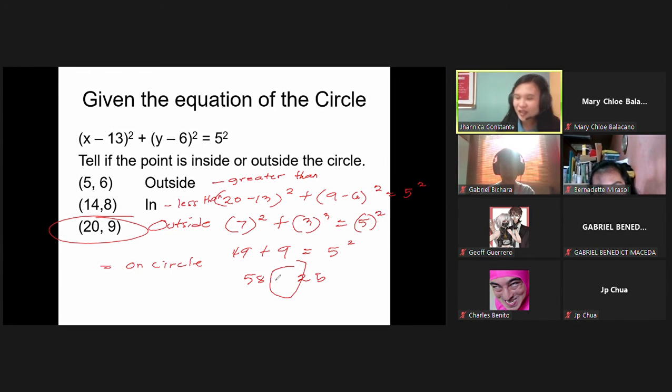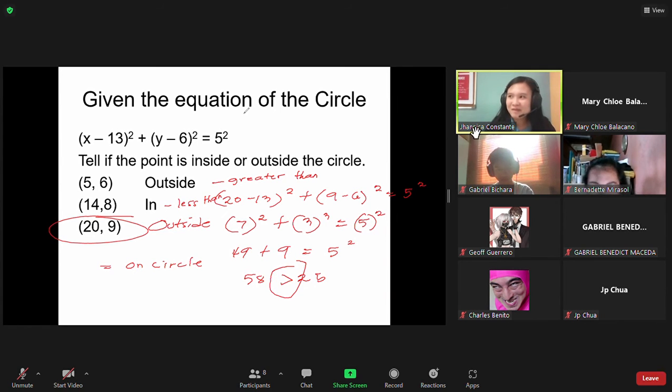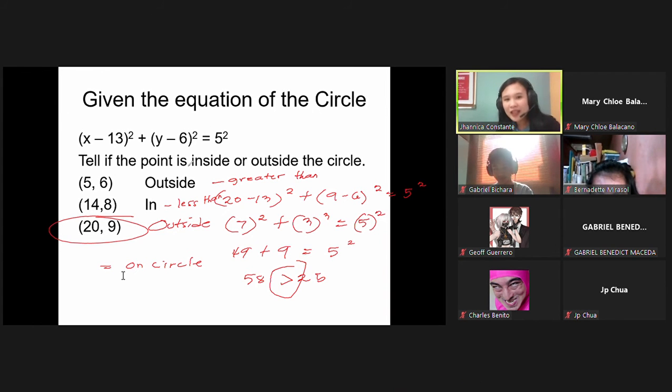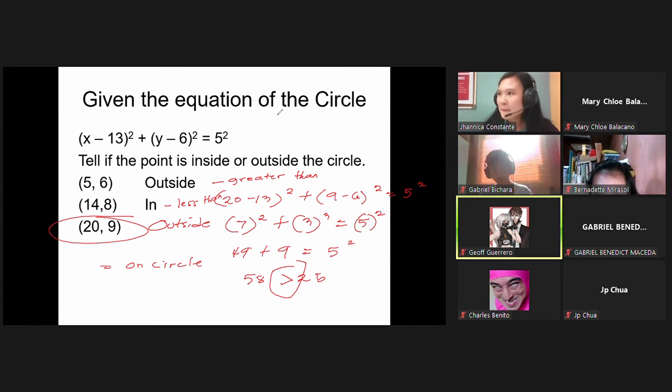I have greater than. Okay? That is for identifying where the point is located in our circle. Okay. Let's proceed.